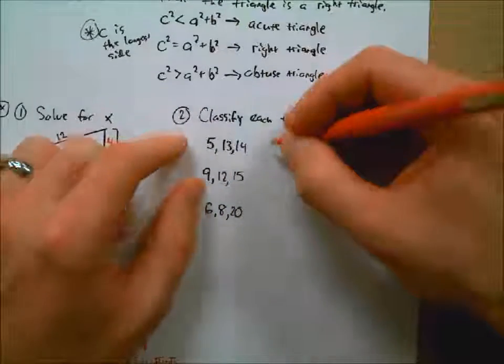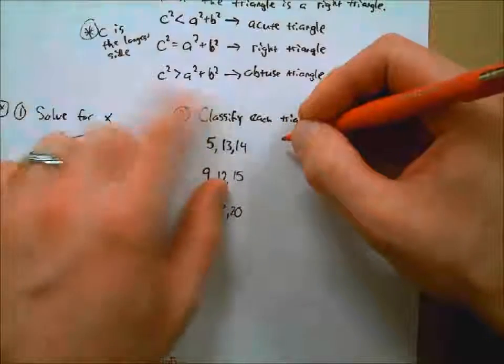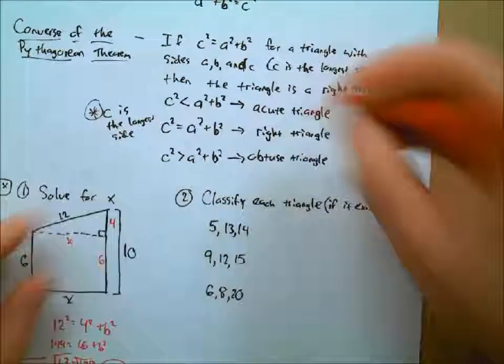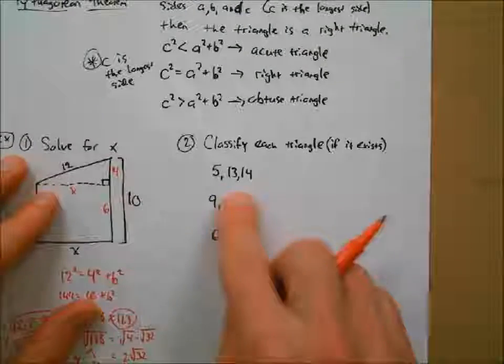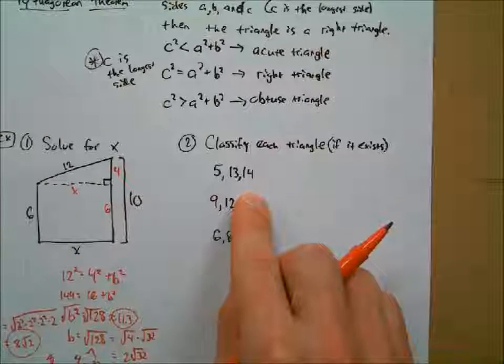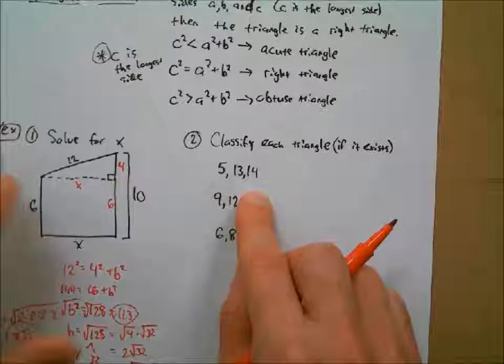Here, we want to figure out how to do it, so we'll go to our little analysis up here. Which one of these 3 sides here, Stephen, is the only candidate for C? 14. The 14, right, because it's the biggest side.